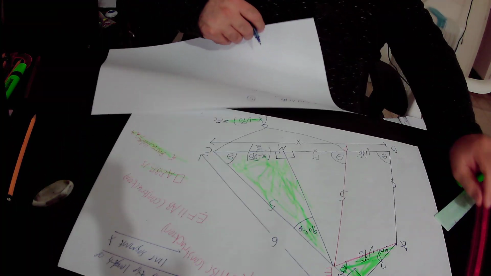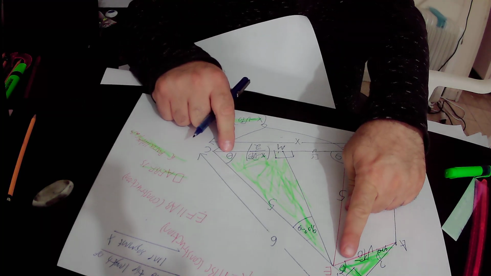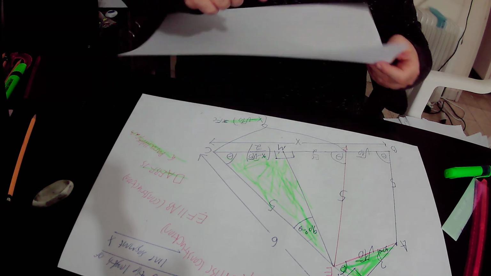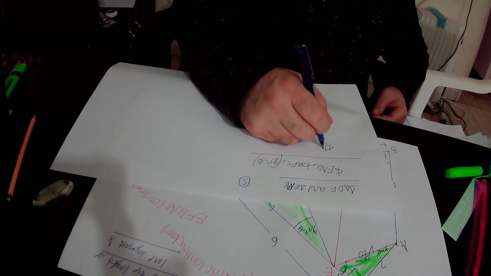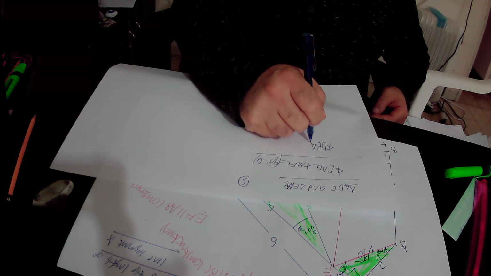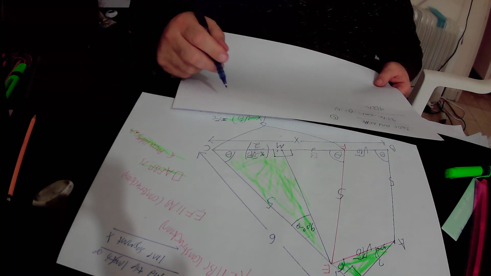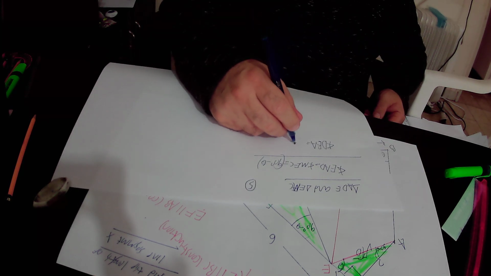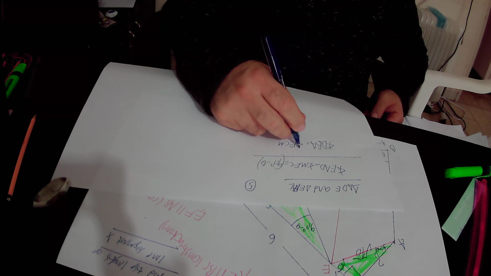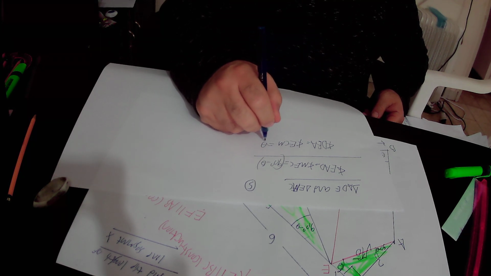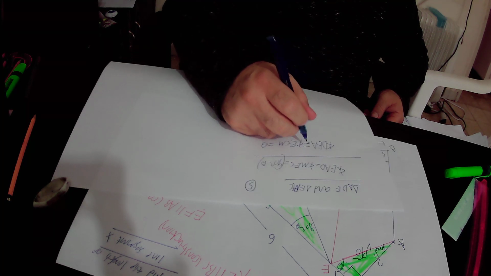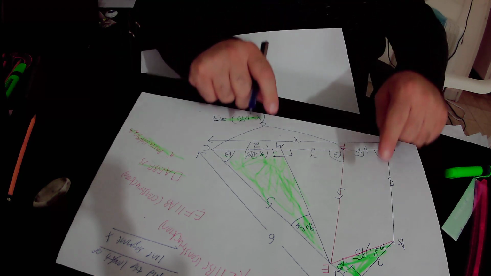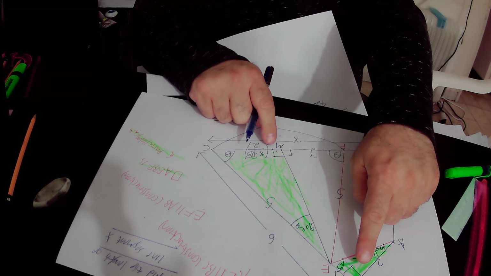In addition, those two angles are both equal to theta, therefore they are equal to each other. So angle DEA is equal to angle ECM, and they are both equal to theta. And finally, those two angles are both equal to 90 degrees, therefore they are equal to each other.